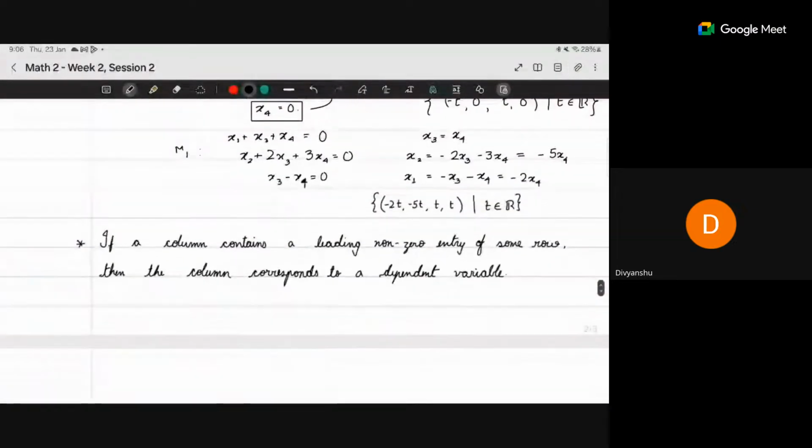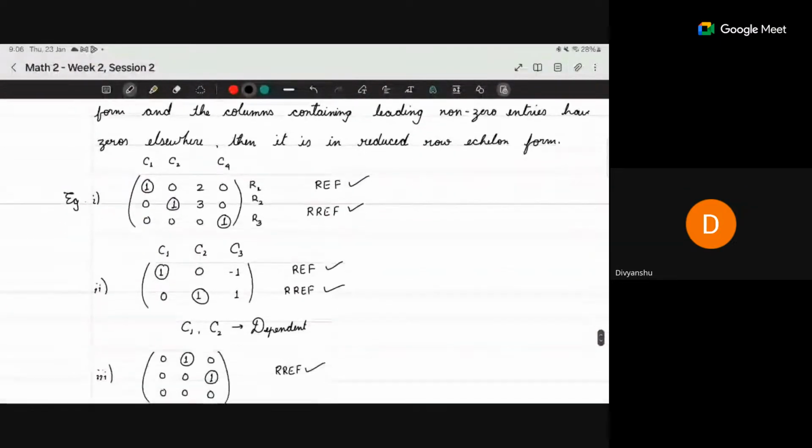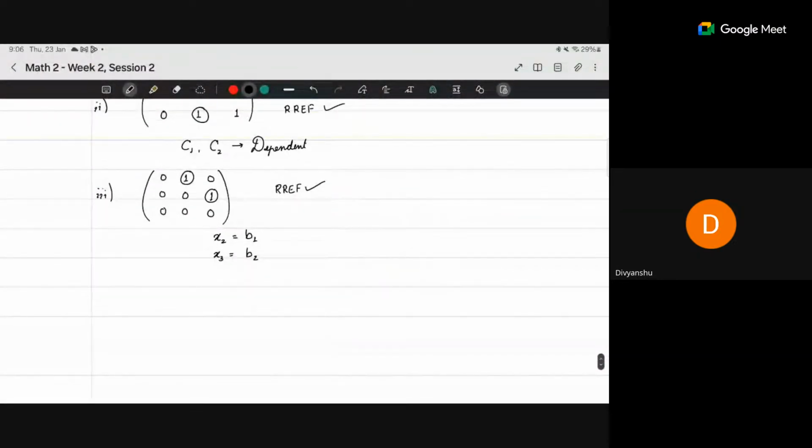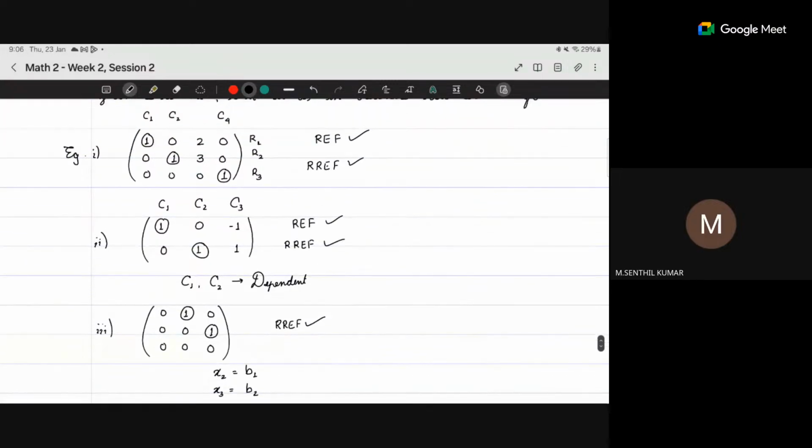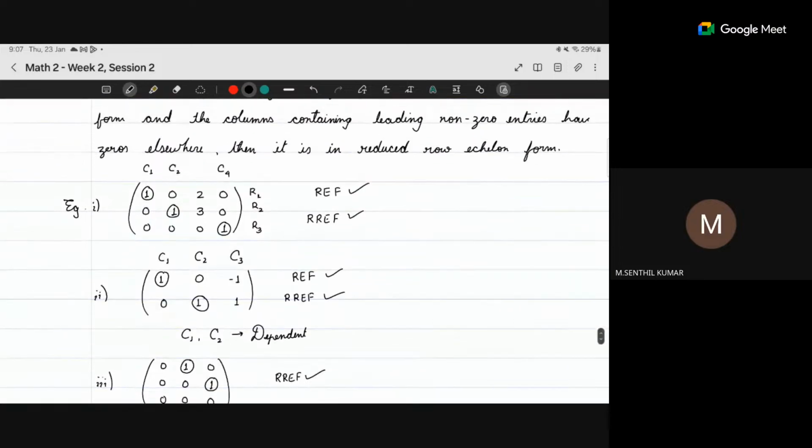Are all the doubts clear now? Can you explain that 1 and 2? It is quite confusing. REF or RREF, which one? These ones? Yes. So is it okay that these are all REF?